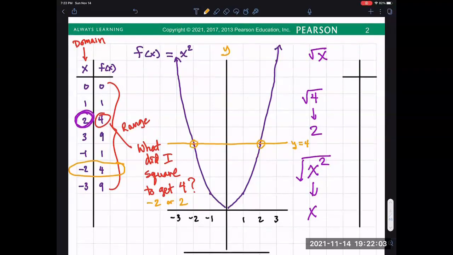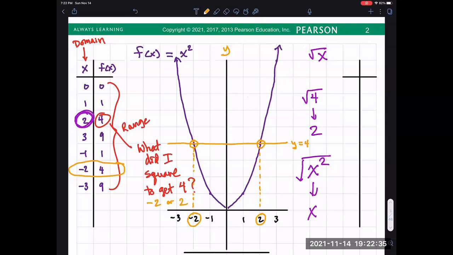And that's because there were two numbers that we could square that would end up with a 4. We could trace those back down and see, yeah, we squared a 2 and that gave us a 4, but we also squared a -2 and that also gave us a 4. And so what that means is if we are trying to start with the 4 and then go back to what you squared in the first place, there's two possible answers.